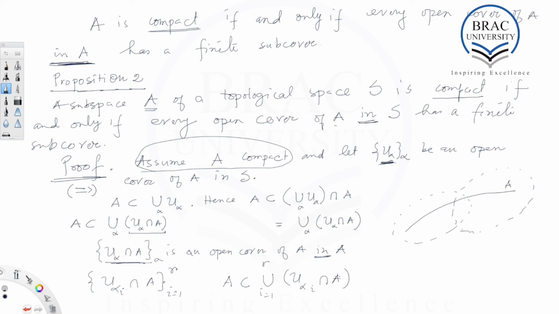Good. And again, by elementary set theory, it can be written down as the union of these finitely many sets intersected with A. And this intersection is contained in this union. In other words, A is contained in this union.